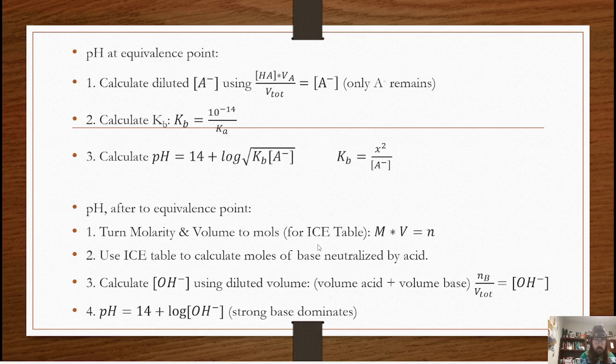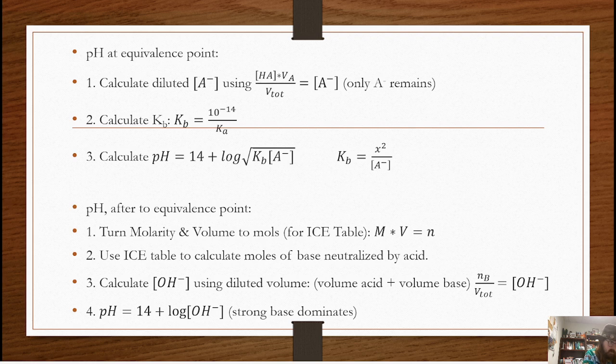Then at the equivalence point, we have a totally different expression. Now that HA and OH minus has gone completely to A minus in water, you have a secondary reaction where A minus and water is going to reversibly reform some HA and OH minus.